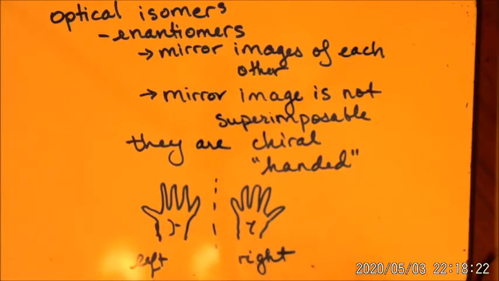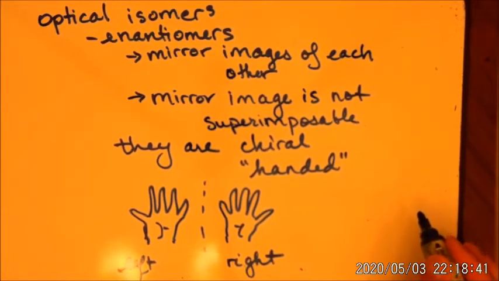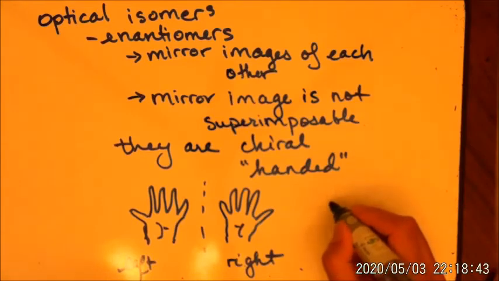If I put the palms together, my fingers match, but it's outside and outside. That's not superimposable. So the left hand may be the mirror image of the right hand, but it's not superimposable. So your hands are chiral. Let me give you, let's say, tube socks.